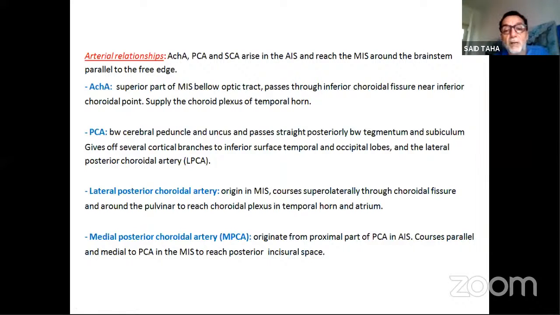The medial posterior choroidal artery originates from the proximal part of the posterior cerebral artery in the anterior incisural space, courses parallel and medial to the posterior cerebral artery in the middle incisural space to reach the posterior incisural space.